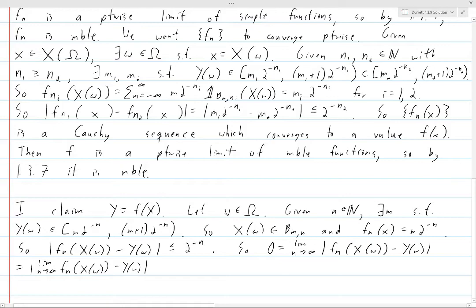All right. So the distance between these two things is 0. So f of X of omega is equal to y of omega. And this holds for all omega in capital Omega. So f of X equals y. So there we go.